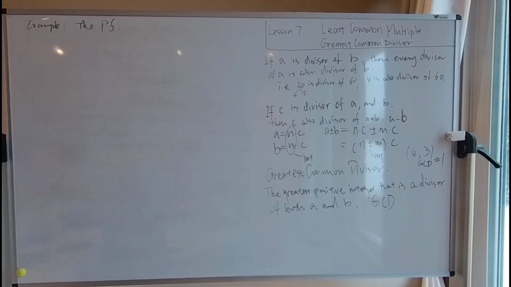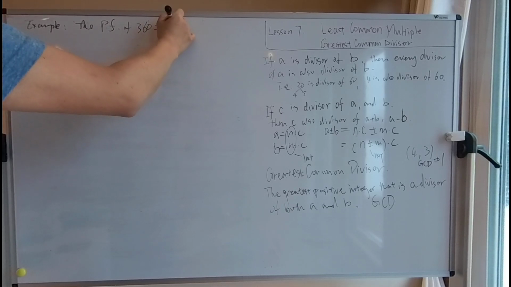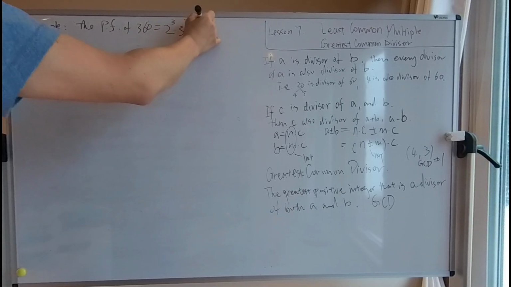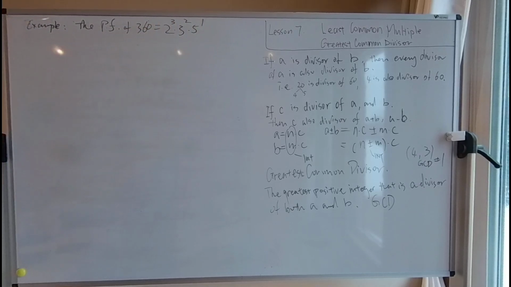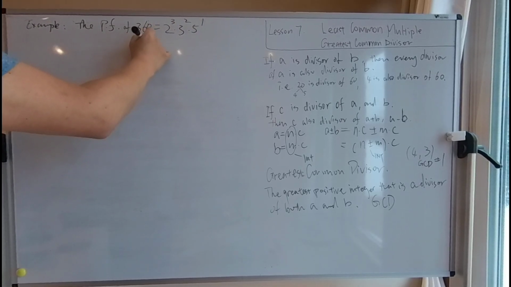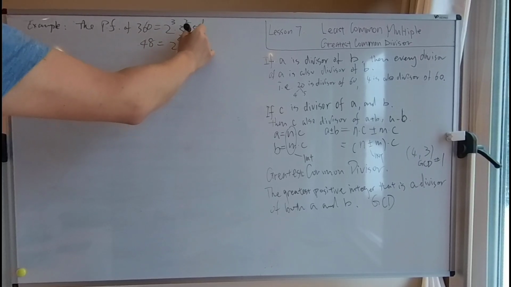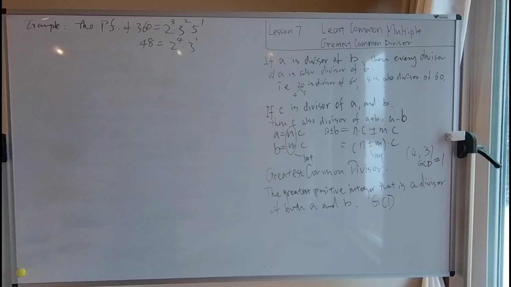One more example. The prime factorization of the number 360 is given as a known condition, just because we're focusing on different aspects. So let's assume that we already know how to look for the prime factorization. So we have the prime factorization of these two numbers.